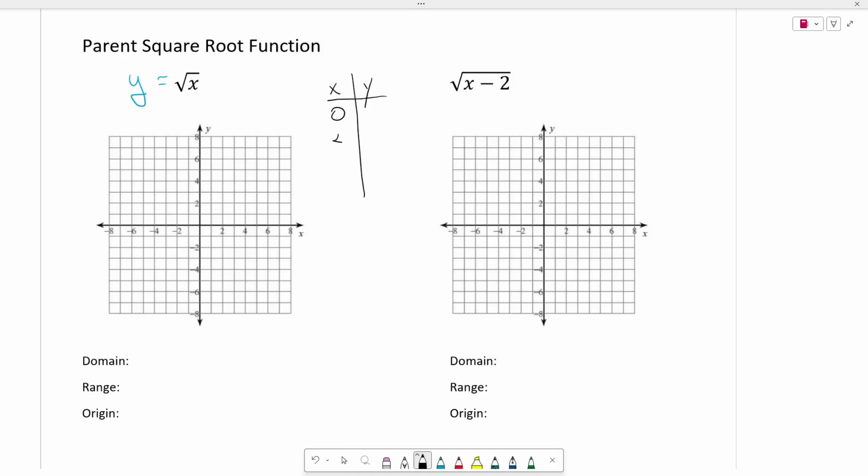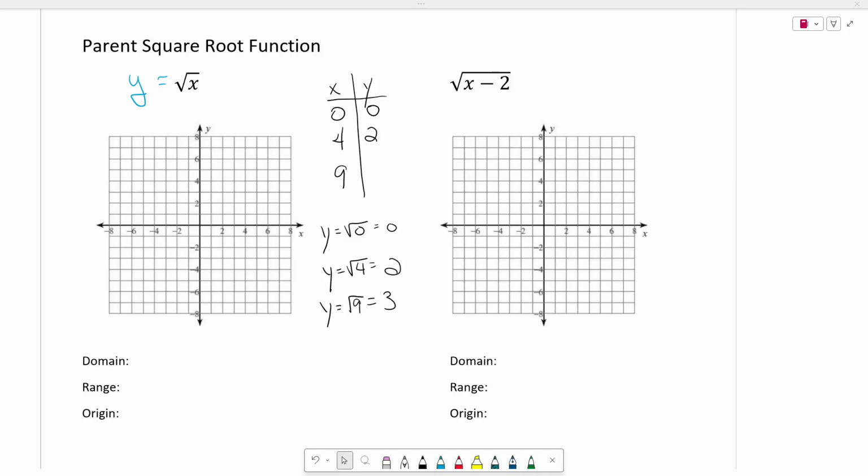The next one I would use would be 4 because 4 is a perfect square, and then I would use 9. So y is equal to the square root of 0, which would be 0. Then y equals the square root of 4, which would be 2. Y equals the square root of 9, which would be 3.